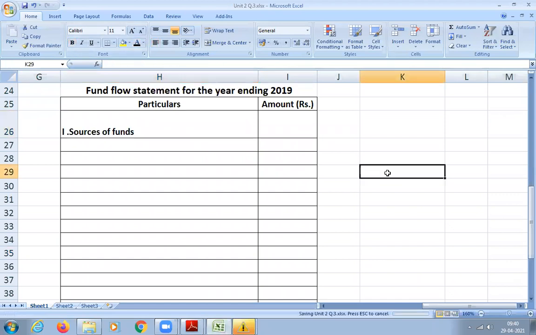Draw the table in your class notes. Prepare the table quickly and let me know once your table is ready.